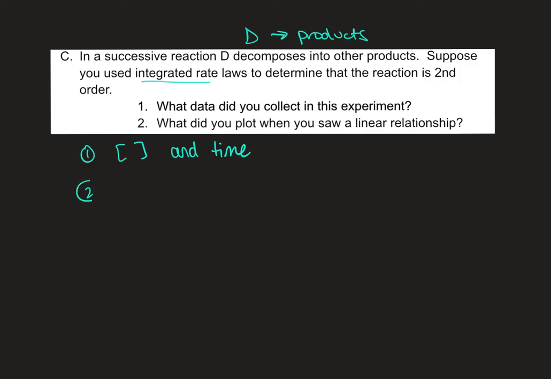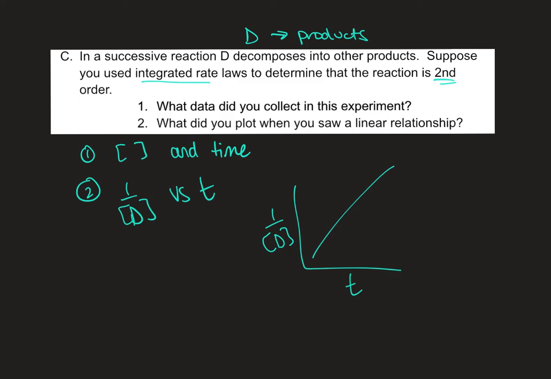So if it is second order, that means we plotted 1 over concentration versus time. The versus time never changes, it's just this factor here. So 1 over concentration specifically of our reactant D. And remember, when you have second order and you'd be plotting this, you're going to get a positive slope.